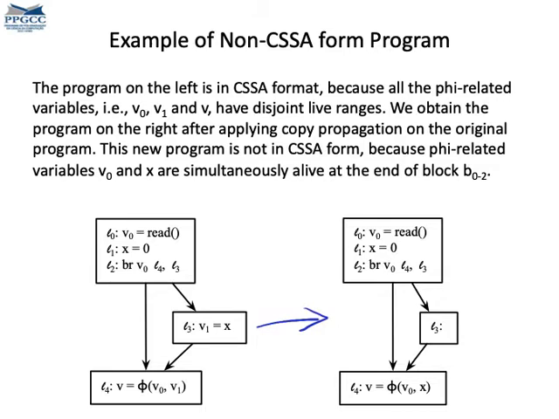Now imagine that we do copy propagation. Then we replace v1 with x. Now v0 and x are phi-related, and they are both alive at label L2, for instance. They are phi-related because they appear in the same phi function. In this case, the program is no longer in CSSA form.